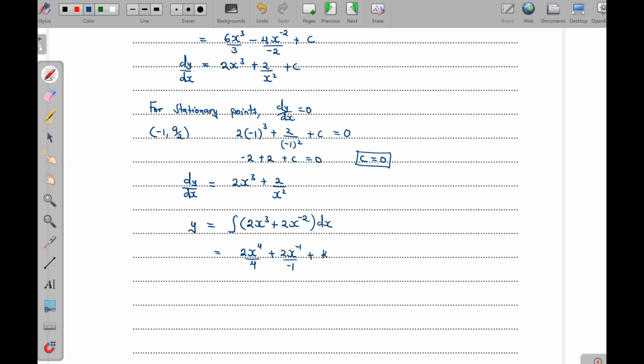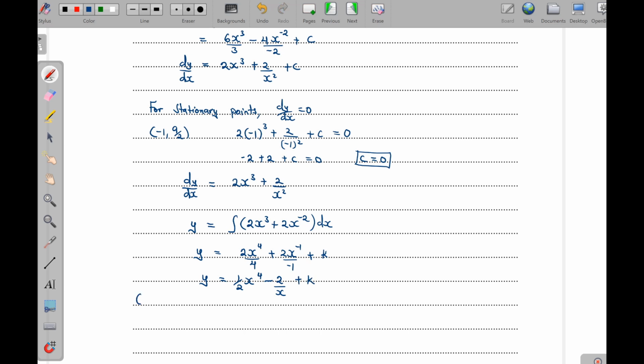Okay, because again you don't know what they differentiated and then disappeared before you came to this integration here. So we have here y, which is now going to be equal to a half of x power 4, then minus 2, then x, or I can say out of x. Using rules of indices, I can take this one down. Okay, then plus the k.